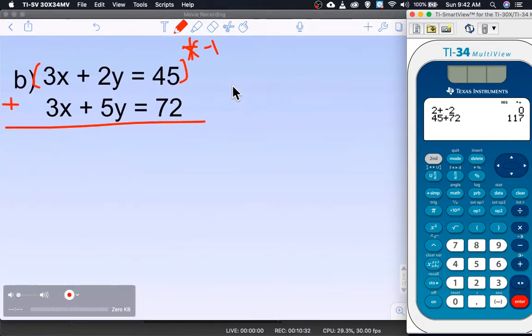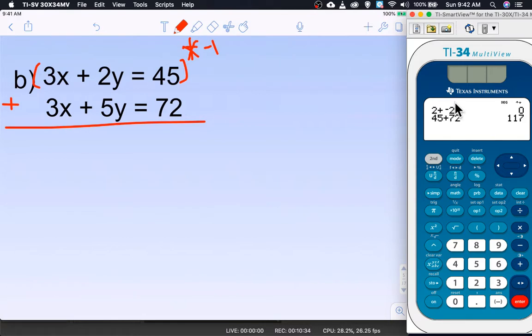Now, I'm going to rewrite both equations over here. I have space, and so should you. So if I rewrite this equation, I'm now going to have negative 3x minus 2y. That is negative 1 times the 3x. Negative 1 times the 2y is now negative 2y, equals negative 1 times 45 is negative 45.